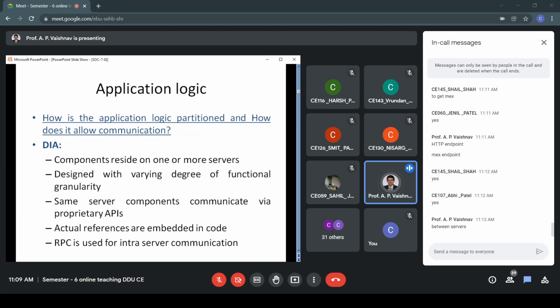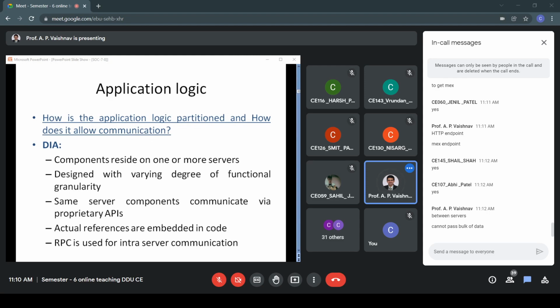And RPC has a major problem, right? RPC cannot pass bulk of data. That means if you want to fetch a lot of information, you need to pass multiple requests, right?